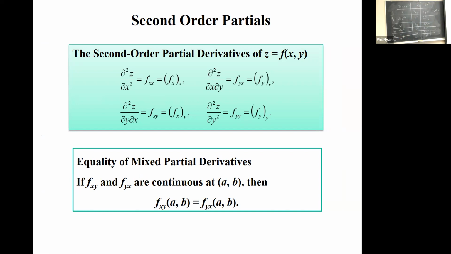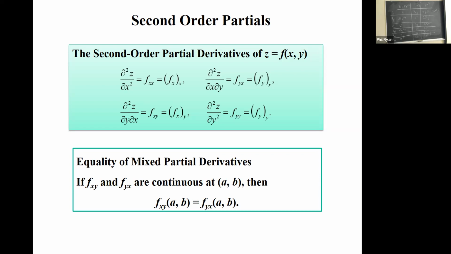Okay, so that's what I was talking about. That was the point of this exercise here. Right, so we get second order partial derivatives. So if there's 2 inputs, that means that there's 4 partial derivatives. You've got 2 choices for the first, 2 choices for the second.